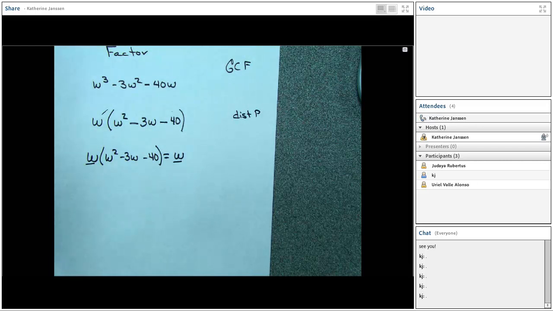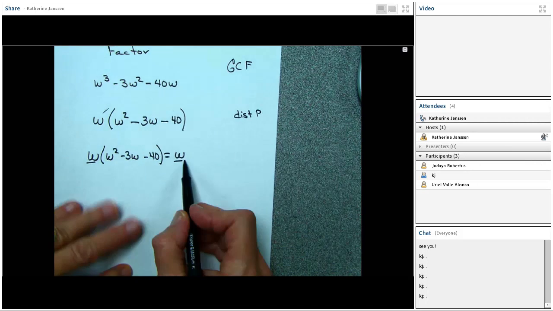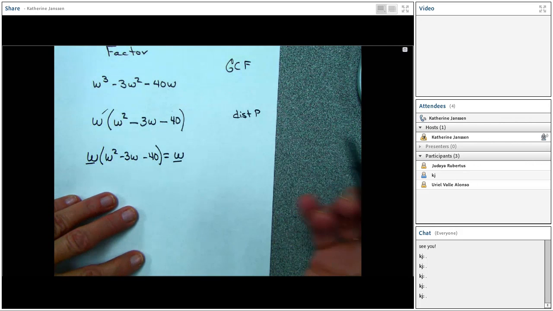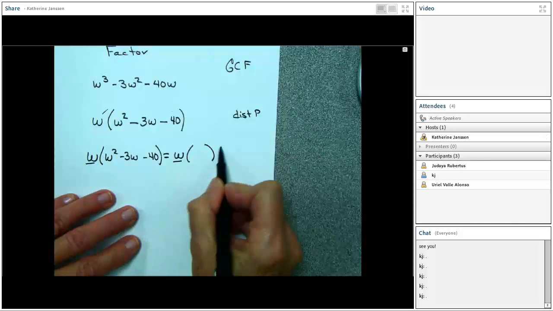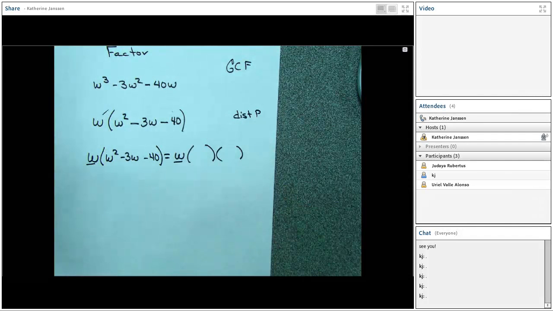It's a common mistake not to carry along your greatest common factor. It's a common mistake that I make sometimes. So carry it along, because we expect to factor the trinomial as a product of two binomials. So we get focused on factoring the trinomial again and drop that greatest common factor.